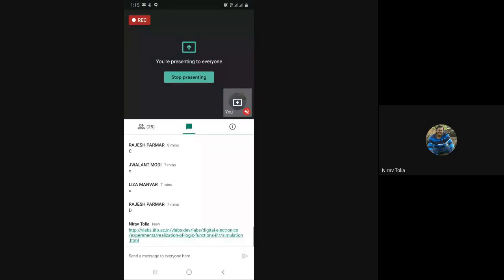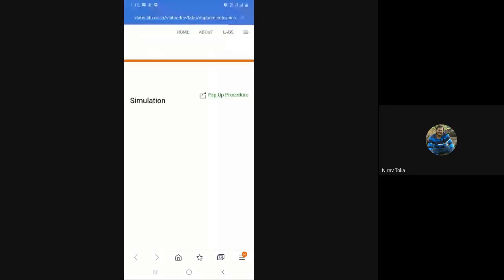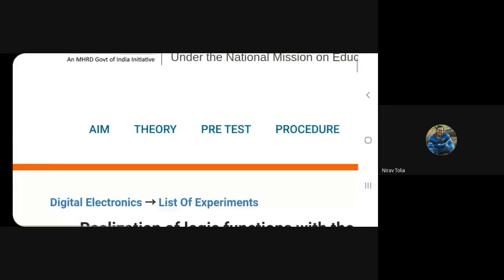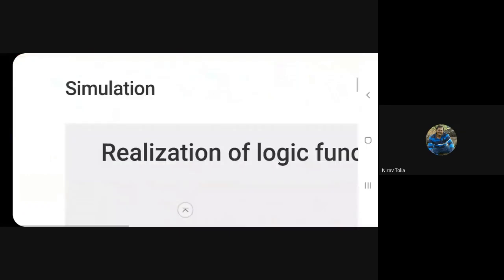Now you can see my mobile screen. I am clicking on that link. Now all of you can see my mobile screen.